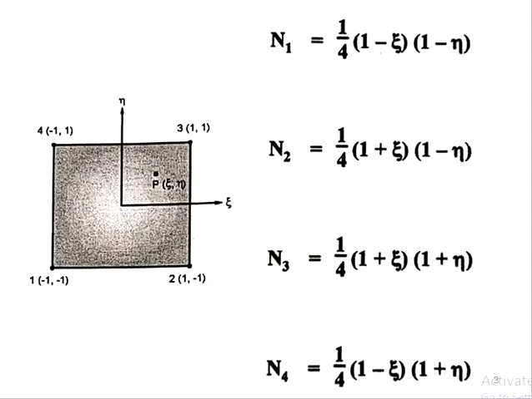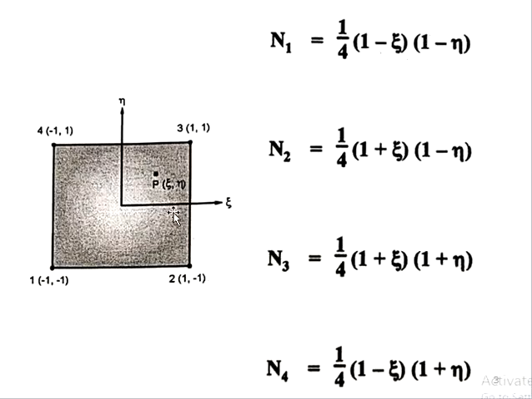Similarly, N2 is (1 plus psi) and (1 minus eta). Shape function for node 3, N3, is (1 plus psi) and (1 plus eta), and for N4, (1 minus psi) and (1 plus eta).